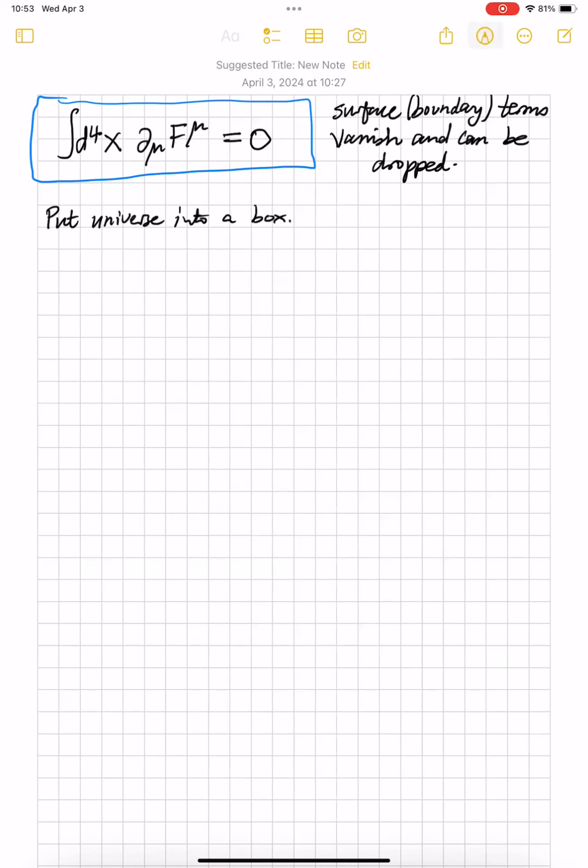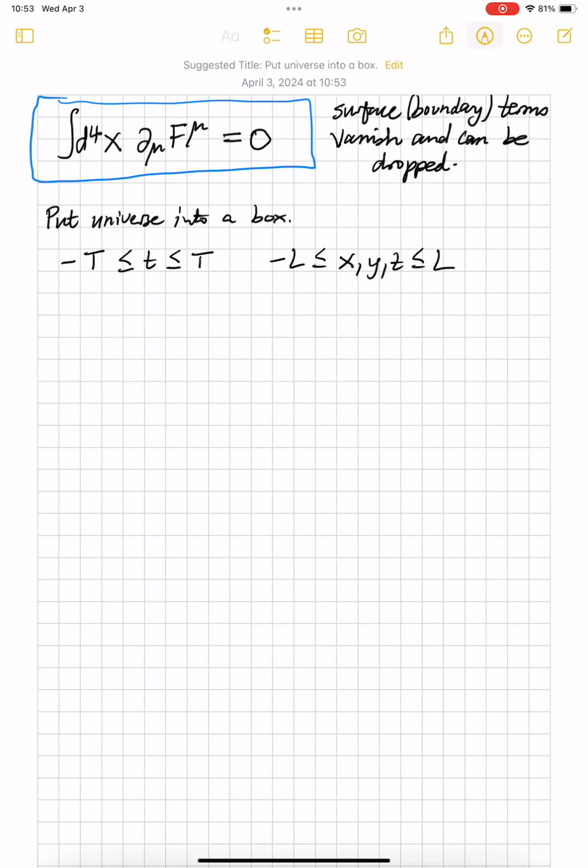So because of that, time is going to run from minus T to T, capital T, and all of the spatial coordinates will be able to range from minus L to L. Now, I didn't tell you whether T is finite or not. I didn't tell you whether L is finite or not.